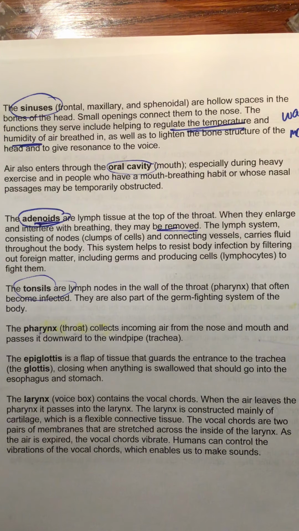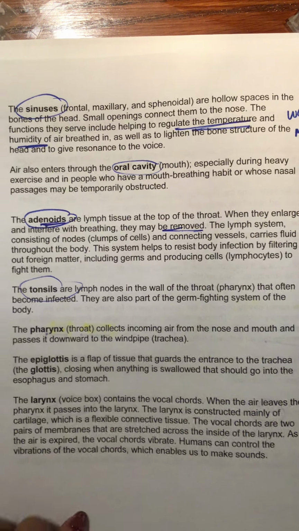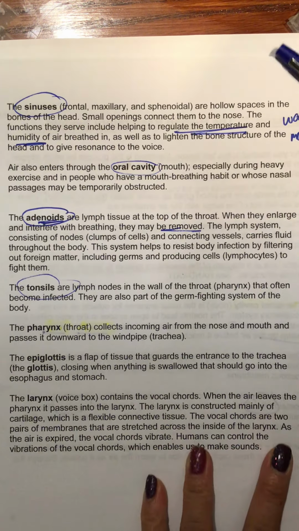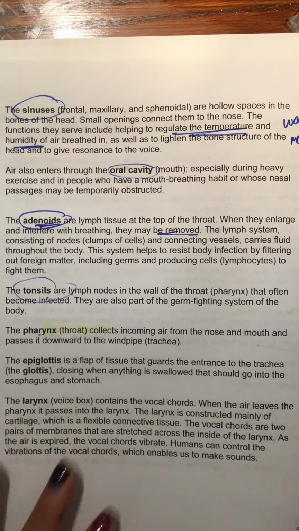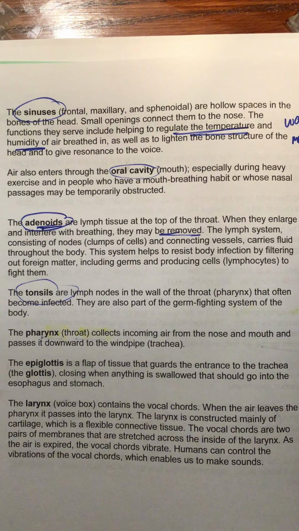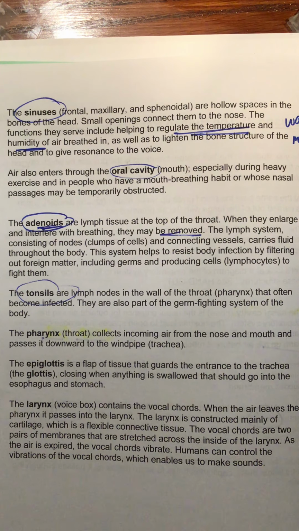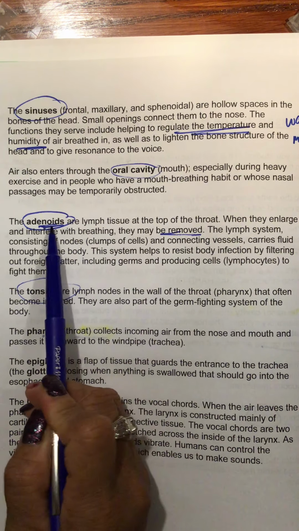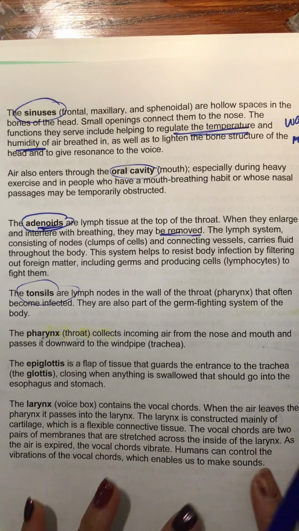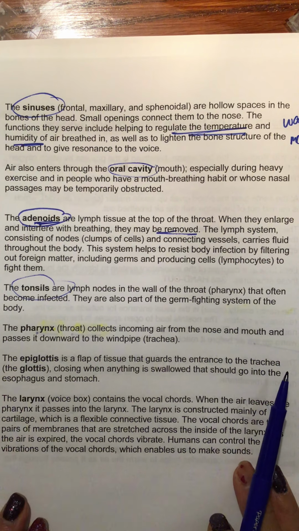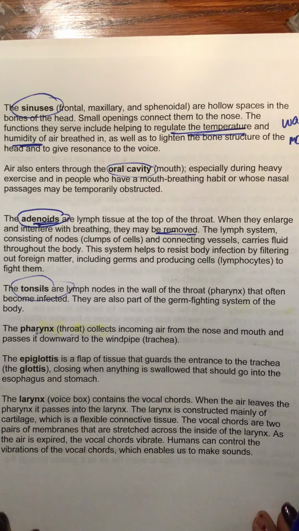So adenoids are one of the ways that we can prevent those small microparticles from entering the lungs. So of course, again, you look at the path of air. They get filtered by the nose hair and then the cilia and then the phlegm or the mucus. And if they still get in there, in your throat are adenoids that will actually collect those particles instead of having them go into the lungs.